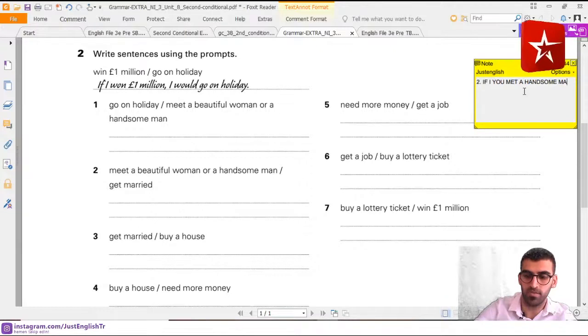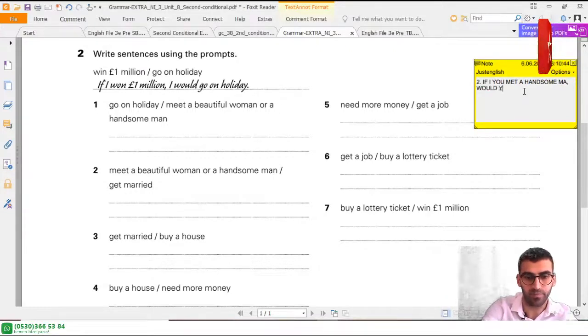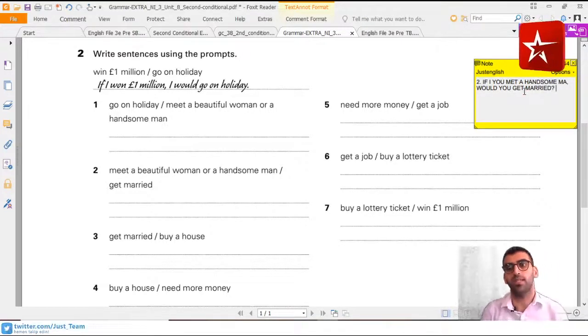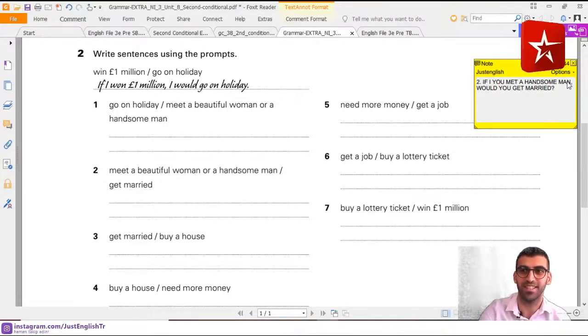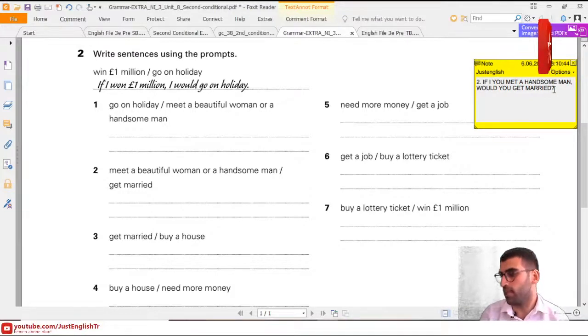Let's use man here. Like, would you get married? Would you get married? Yes. If you met a handsome man, would you get married?